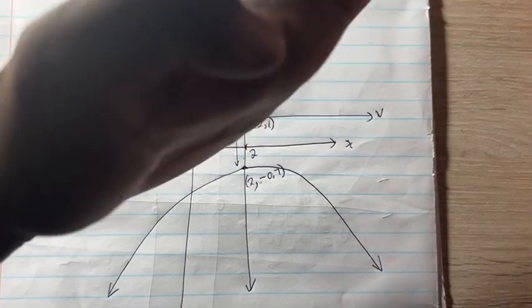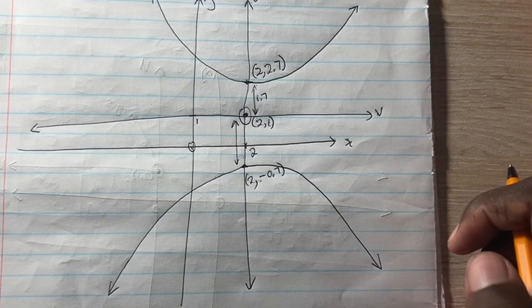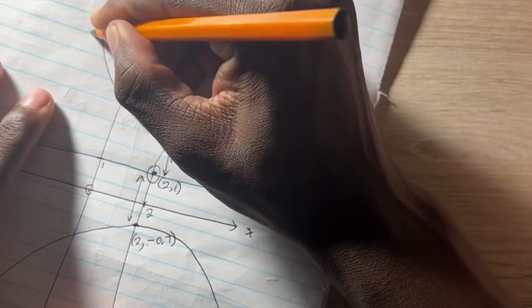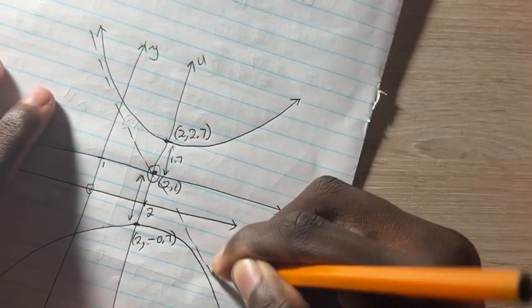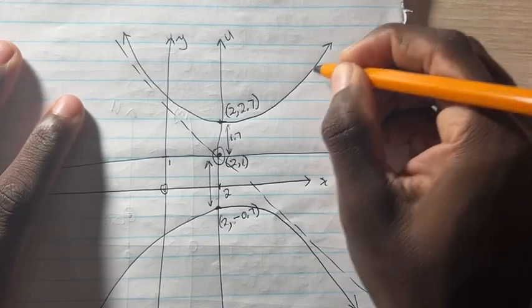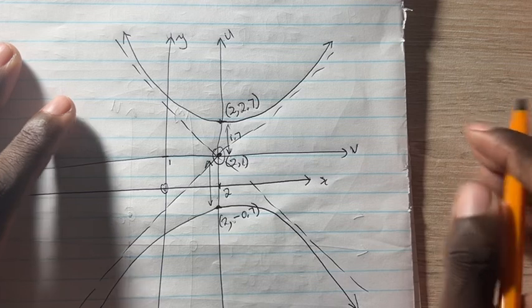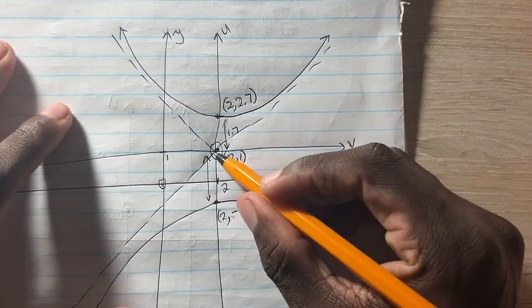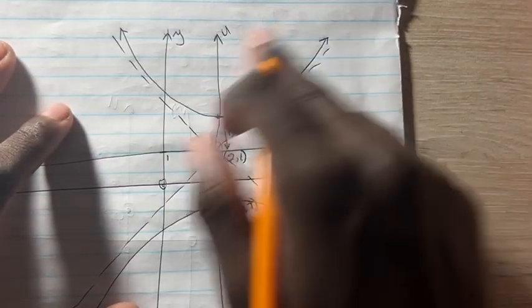Therefore, it has to go like this, running away from the v-axis. Now that means our asymptote has to be running like this, and the other asymptote has to be running like this. Your asymptotes have to pass through the center of the whole thing.